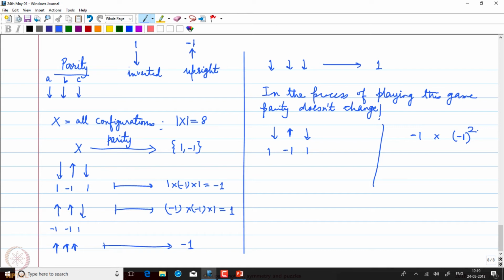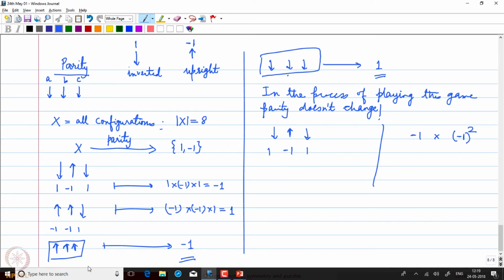And since the parity of this is different from the parity of this, here parity is -1, here parity is 1, we can easily conclude that you cannot obtain from this position, all inverted, the all upright position.